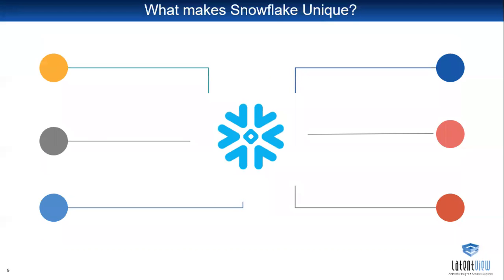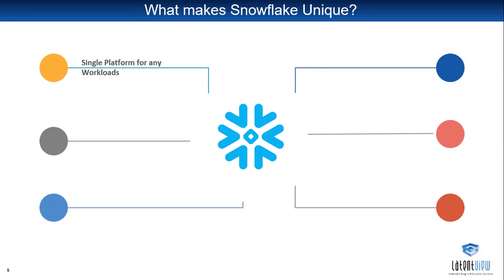And next, going on to that. So what makes Snowflake unique? Let's go through that one by one. It's a single platform, as you said in the previous slide. It's a single platform which helps you to integrate with data and also give the data for analysis. That is one unique feature which other cloud data warehouses don't provide as of now, right?